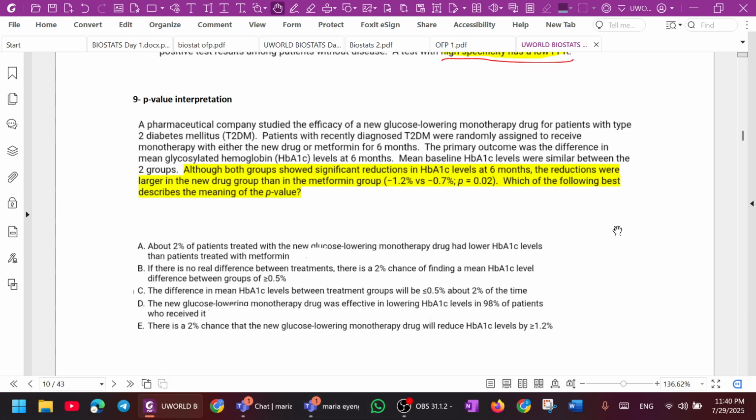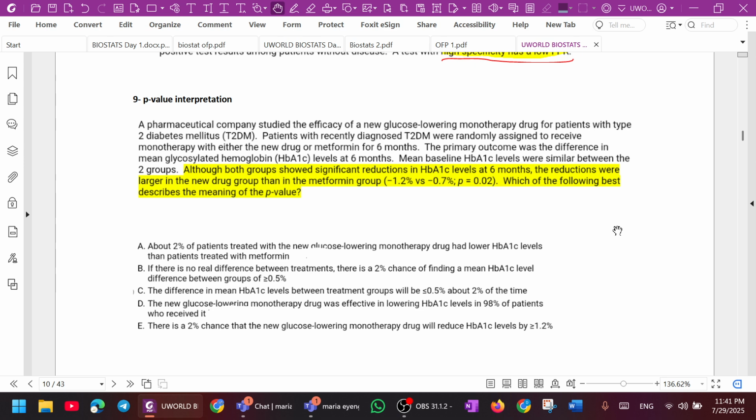A pharmaceutical company studied the efficacy of a new glucose-lowering monotherapy drug for patients with type 2 diabetes mellitus. Patients with recently diagnosed type 2 diabetes mellitus were randomly assigned to receive monotherapy with either the new drug or metformin for 6 weeks. The primary outcome was the difference in mean glycosylated hemoglobin, HbA1c, at 6 months.